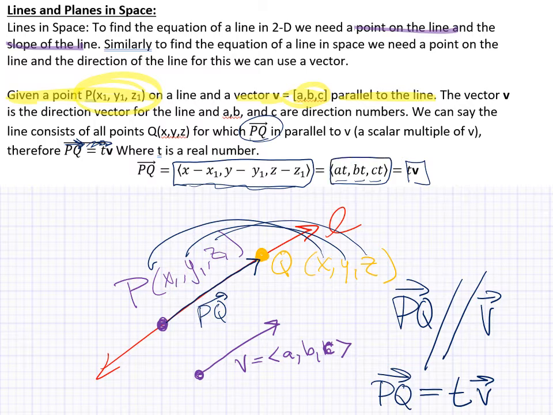Well, if these equal each other, then the first component of each one of these vectors should equal the second component of each one of these vectors, and the third component of each one of these vectors should equal each other if the two vectors equal each other. All right.